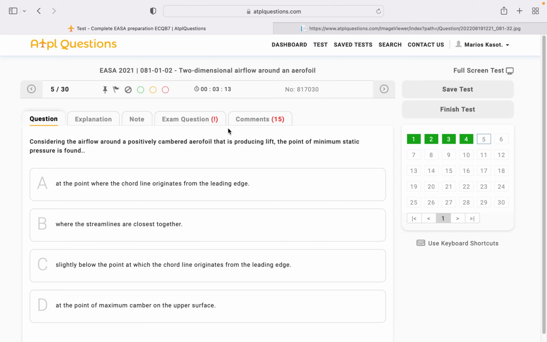Considering the airflow around a positively cambered airfoil that is producing lift, the point of minimum static pressure is found at the point where the chord line originates from the leading edge, where the streamlines are closest together, slightly below the point at which the chord line originates from the leading edge, and at the point of maximum camber on the upper surface.